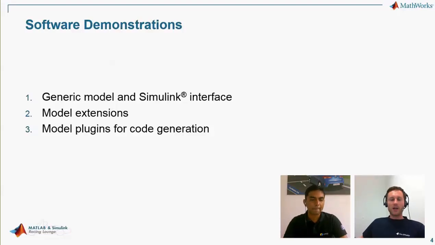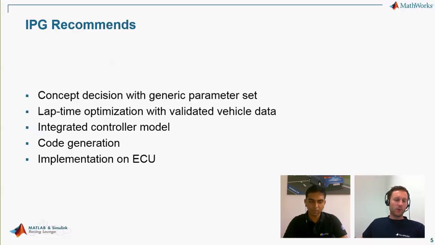Okay, great. So exactly, moving to the IPG recommends section, because what we've seen is covering a huge range. So what is your recommendation for starting teams that have never used IPG CarMaker before, and what would be your recommendation for power users? So can we comment a bit on that?